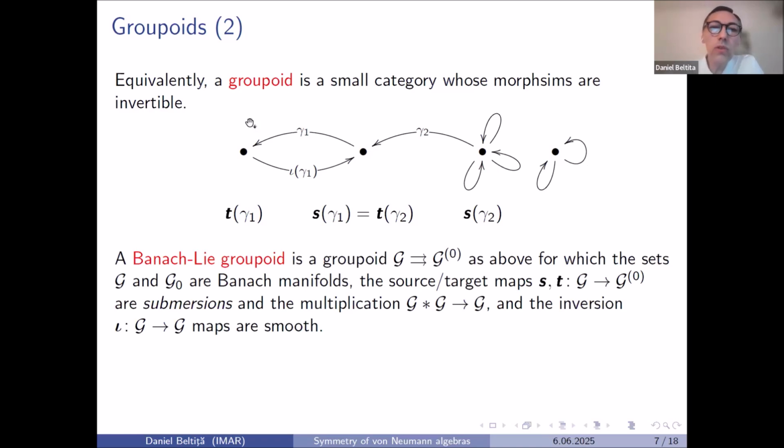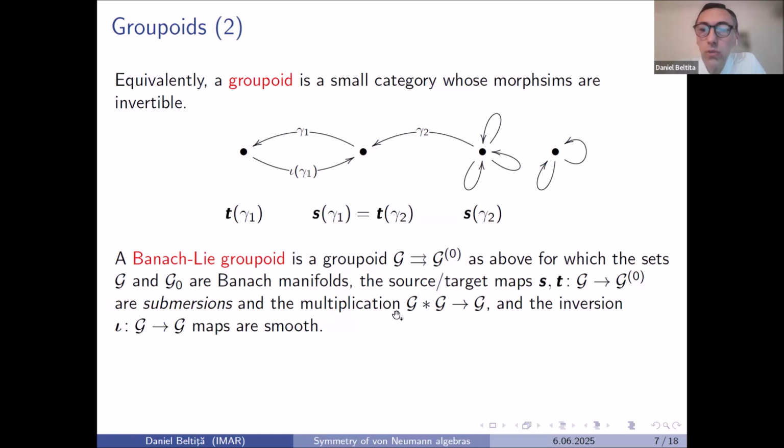But now, as soon as we have at hand the algebraic structure, everything is just as in the case of groups. So a Banach Lie groupoid is a groupoid for which everything that appears is a smooth manifold. They could be finite dimensional manifolds for Lie groupoids or Banach manifolds, as you know very well, for Banach Lie groupoids, and the structural maps should be smooth. What I wish to emphasize is that the source and target should be not only smooth but smooth submersions.